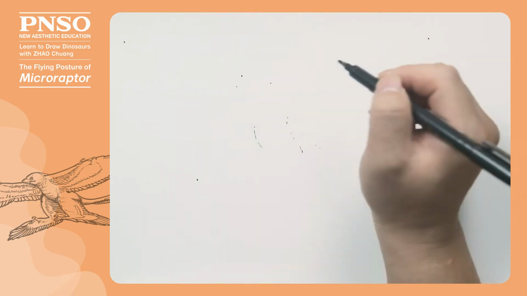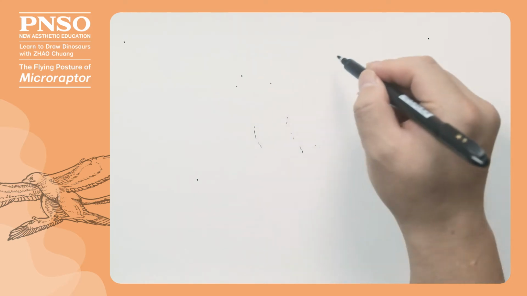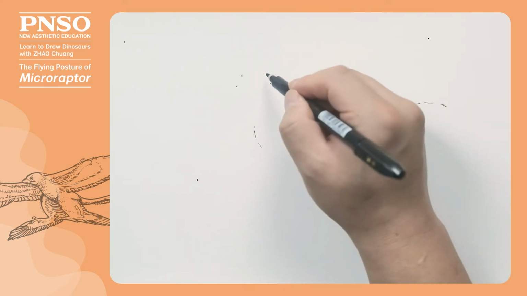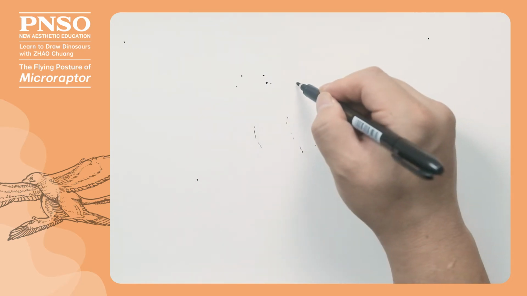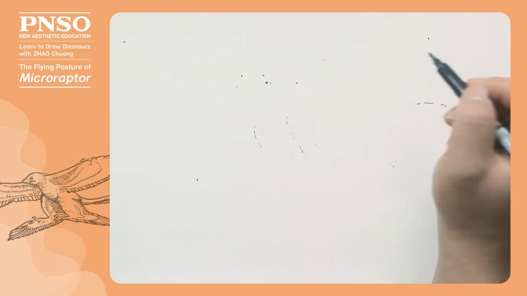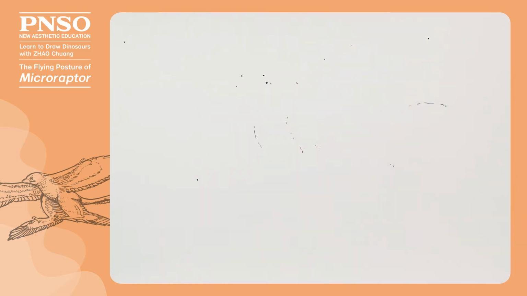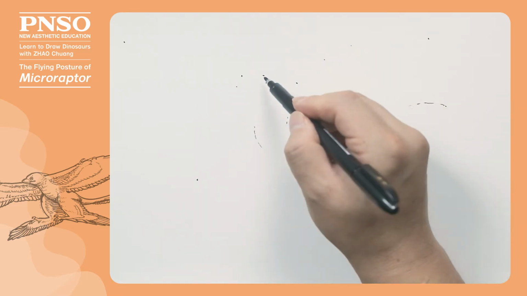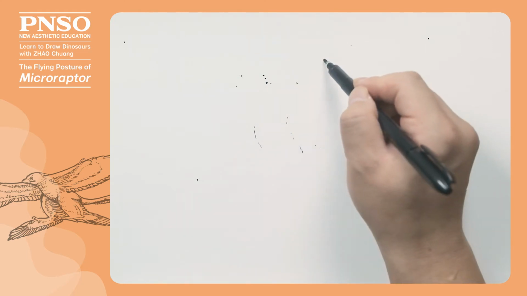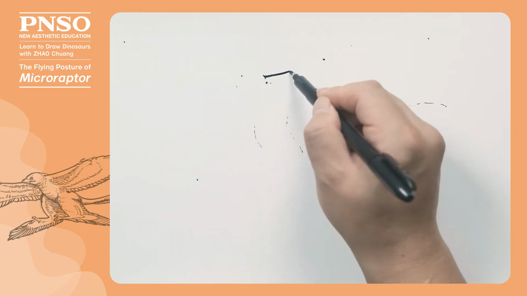We want to outline it all at once, so we need to draw the parts that were not blocked first. The wing was completely visible. When drawing it, we must know that the root of its arm was here, the upper arm here, the forearm here, and then the hand. Draw a curved line connecting the shoulder and the wrist.